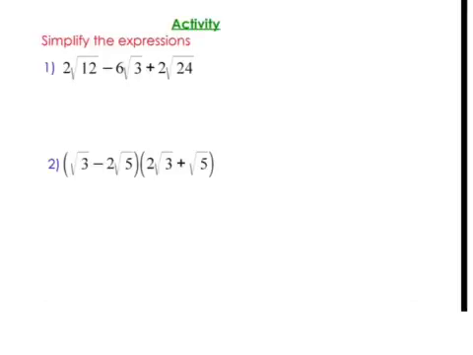So the first one here involves addition and subtraction of surds. Remember we can only add and subtract surds when they have the same square root value. So we might want to simplify each first and then add and subtract.